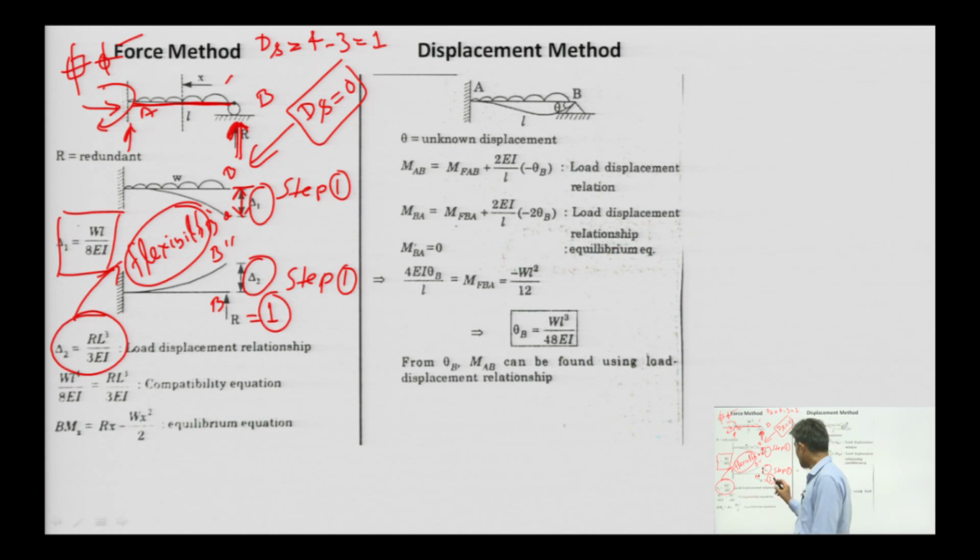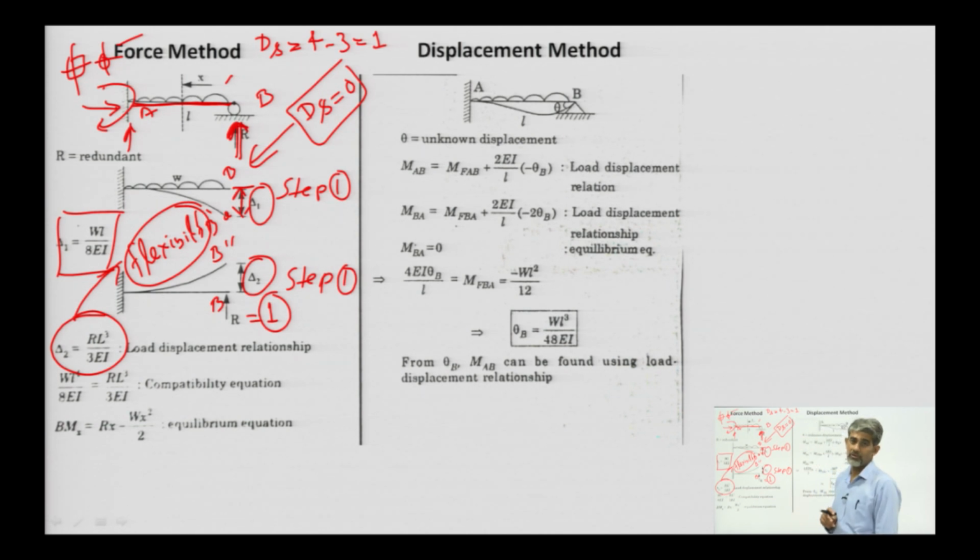Apply the unit load at the point where the restraint has been removed and find out the deflection. After having the value of delta 2, we can write the additional equation that we want.